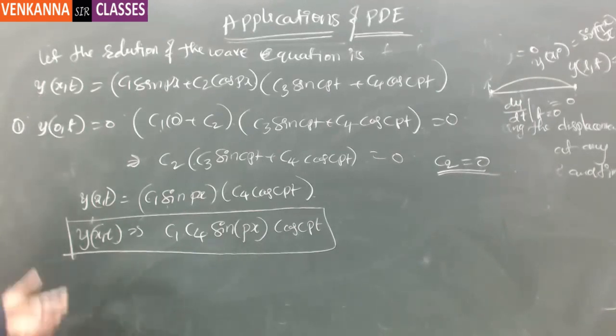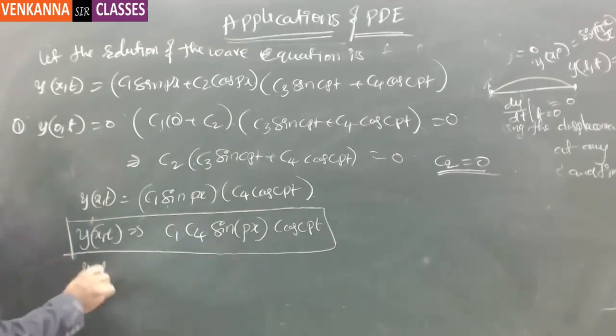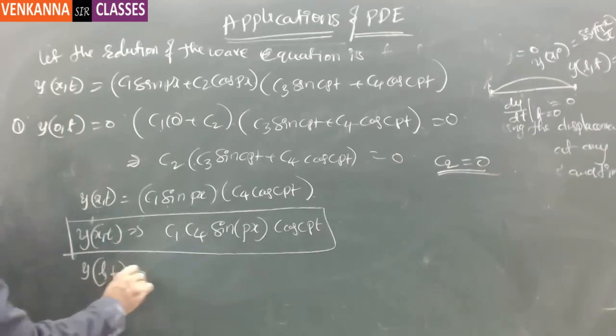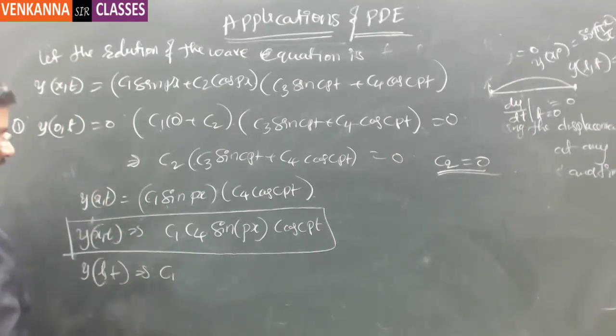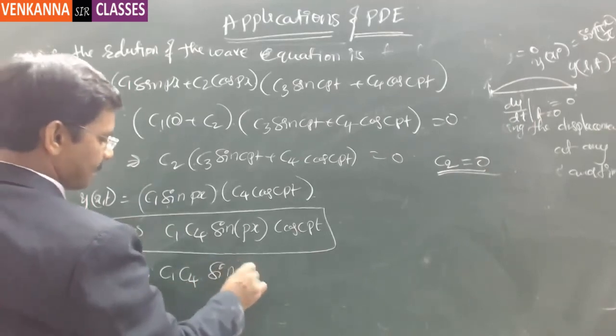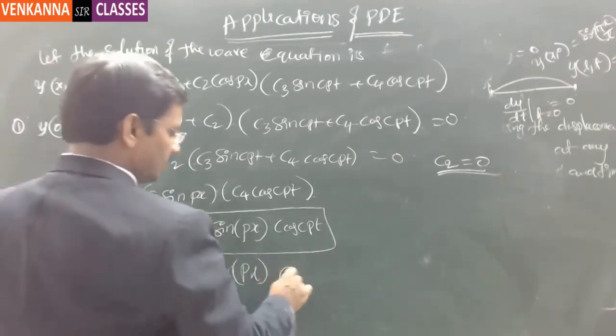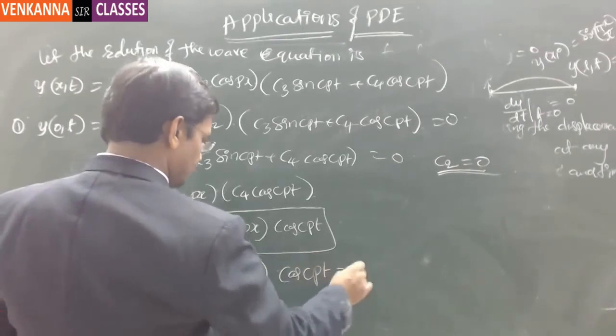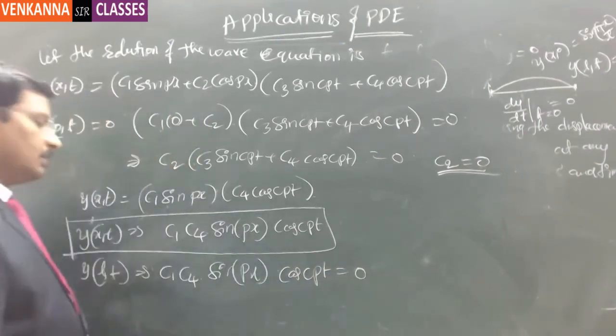So take the other condition, that is y of L comma t, which is always 0 irrespective of the time. So c1 c4 sin PL cos cpt is always equal to 0, right?